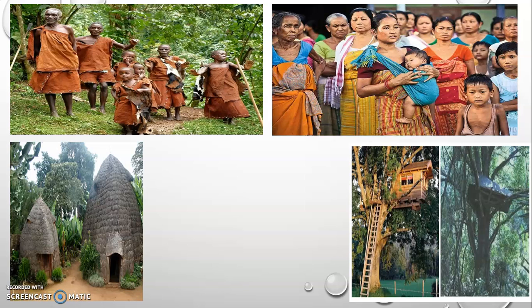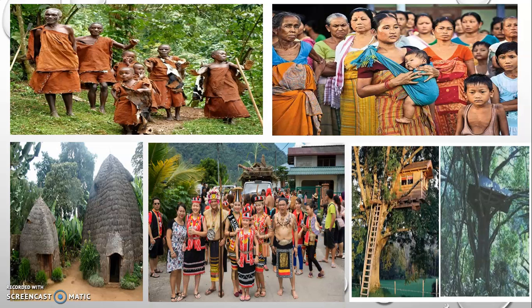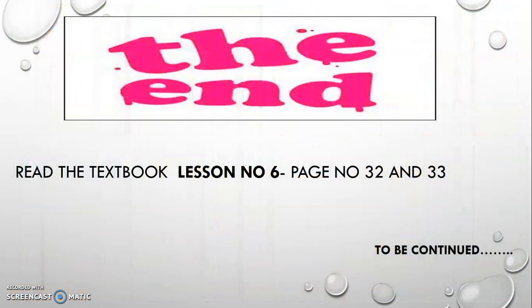Then you have the Semangs, found in other regions like the Congo Basin or the Amazon basin. So these are the different tribals found in the equatorial regions, and the houses used by these tribal peoples.